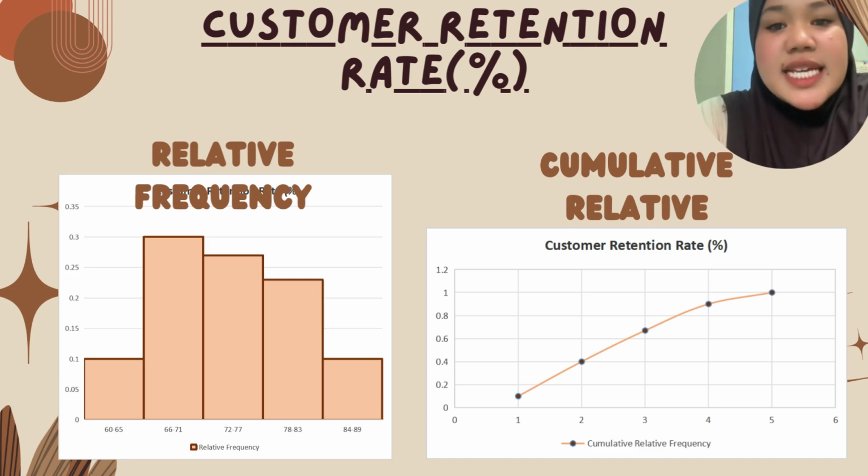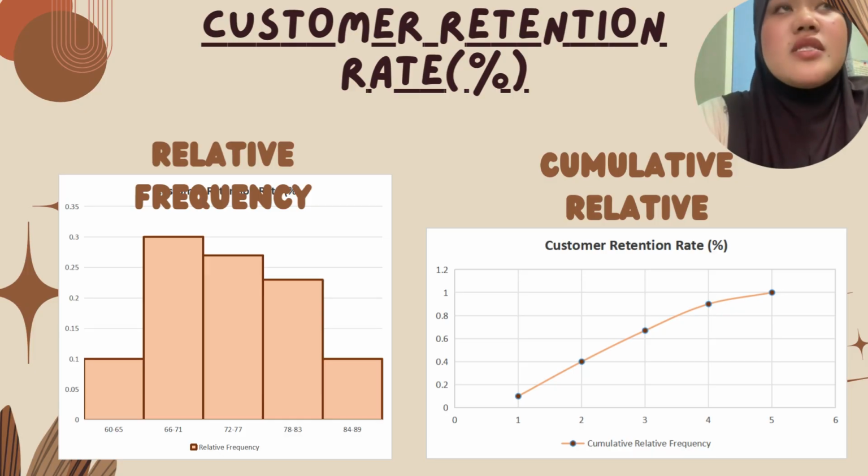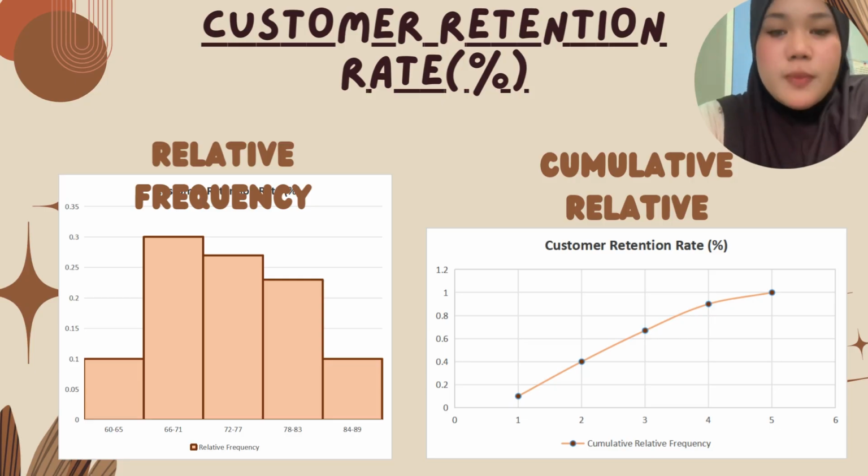For instance, if we look at the point corresponding to the 77 score range, the cumulative frequency is 0.67. That means 67% of customers had a retention score of 77 or below.